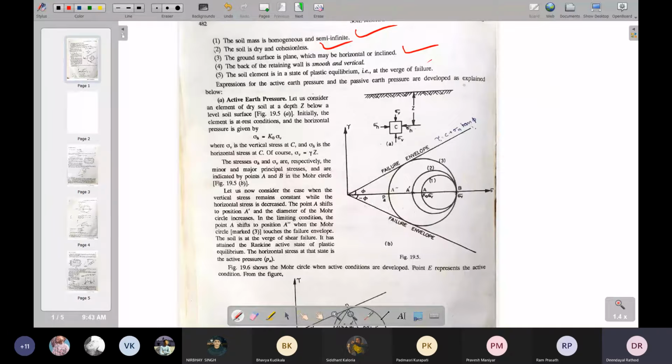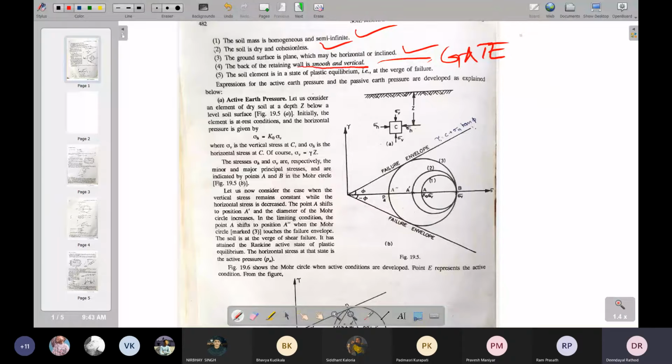Next, the back of the retaining wall is very smooth. This particular point is very important. They will ask it in the GATE exam. The back of the retaining wall is smooth and vertical. Rankine assumed that the back of the wall is smooth and vertical.